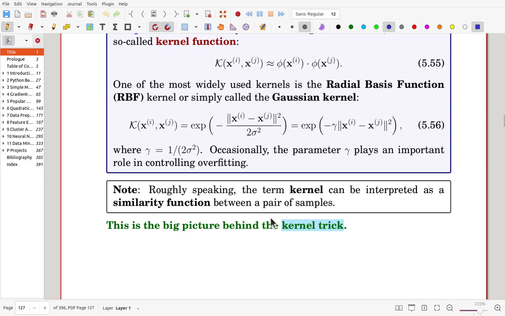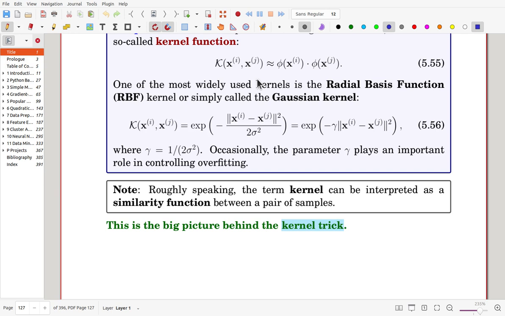Here the idea is simply that we change phi(xi) dot phi(xj) to a kernel function, so we don't have to worry about the explicit expansion of the data points and the dot product in a higher dimensional space.